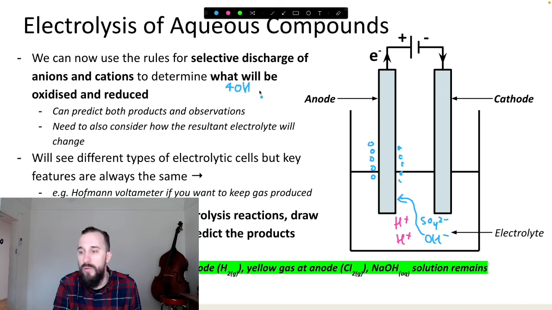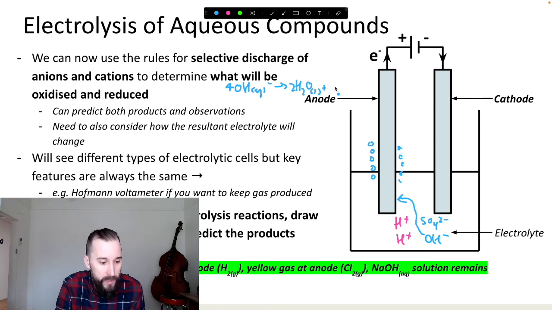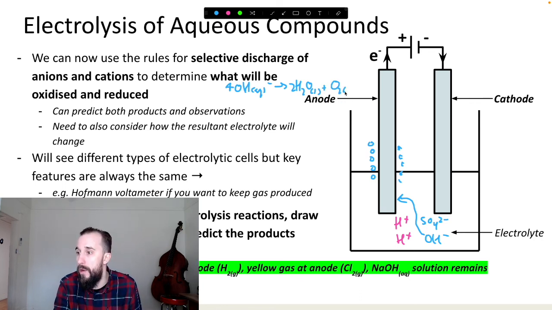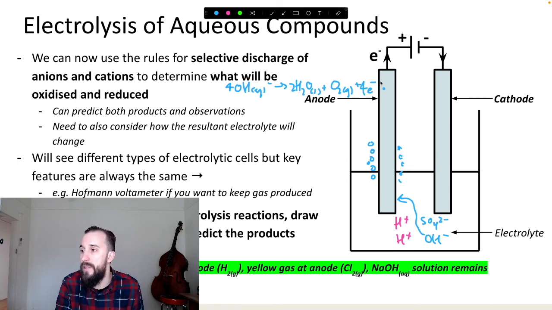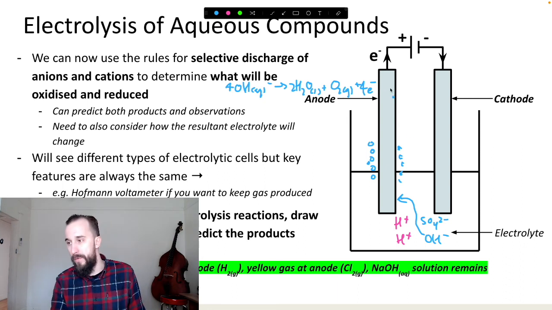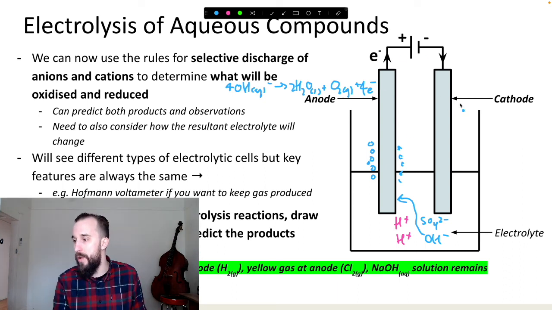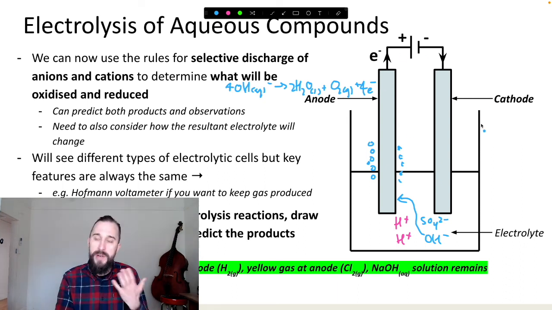We said that hydroxide, if it's aqueous, if it's being oxidized, we form some more water, which is just going to remain in the solution there. But importantly, we get those oxygen molecules being formed, which is what we'll observe, the colorless gas bubbling, and then the electrons can move through the circuit, show your electron flow to the cathode where the reduction will occur.